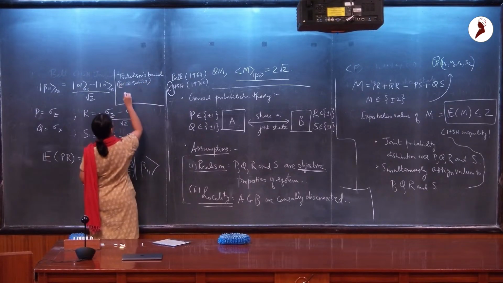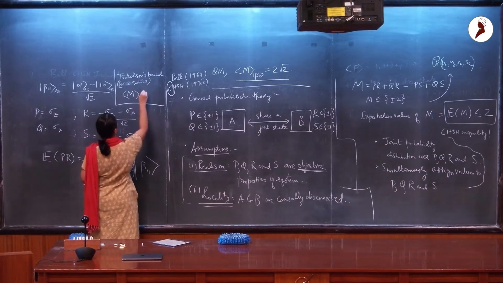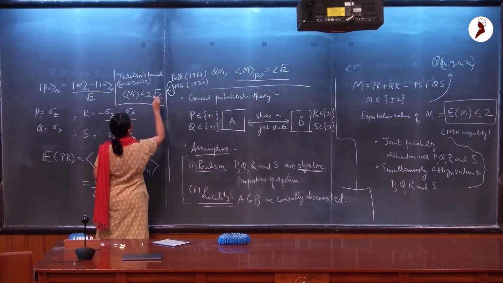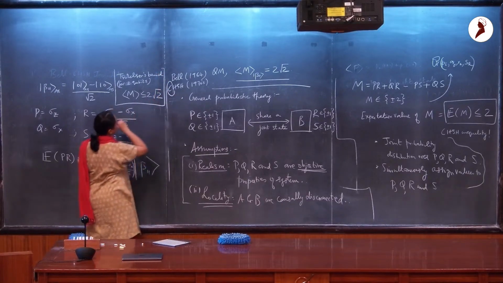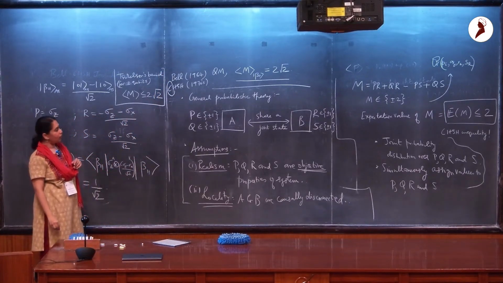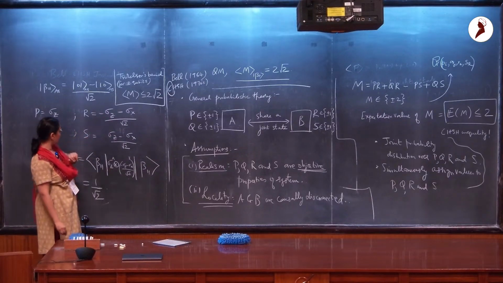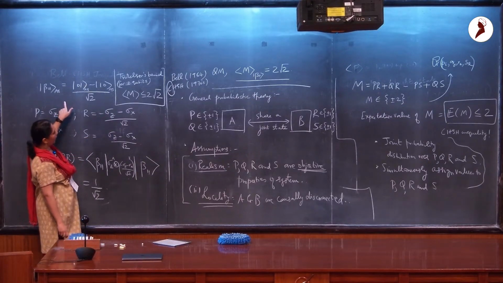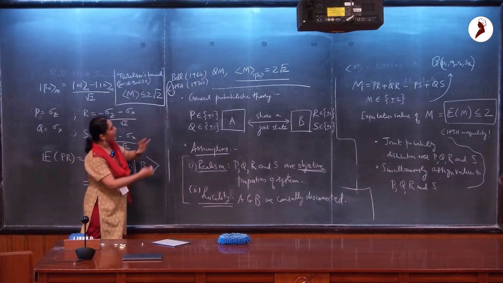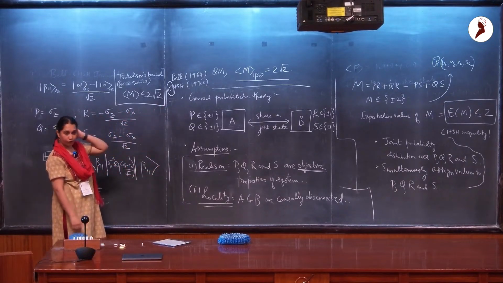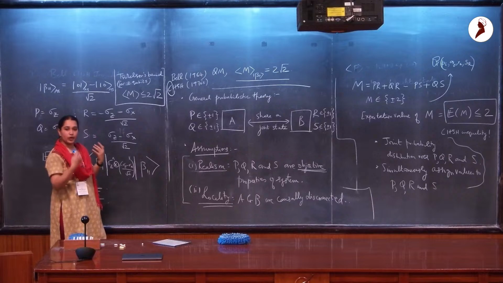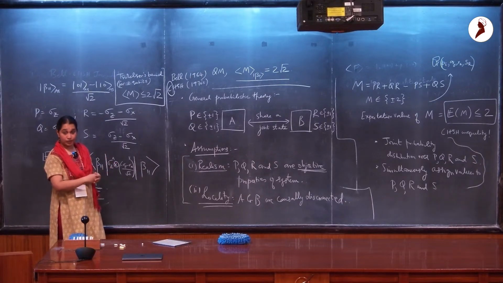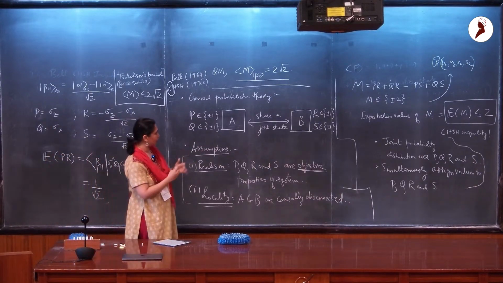It turns out that the expectation of M is bounded above by 2 root 2. So the violation you see for this kind of state is the maximal possible violation of CHSH.